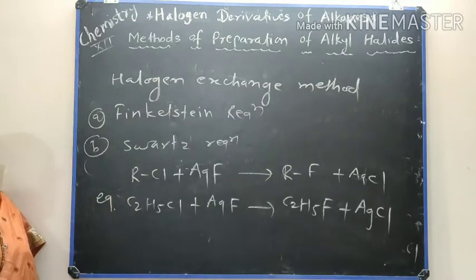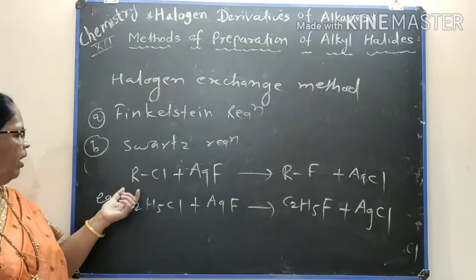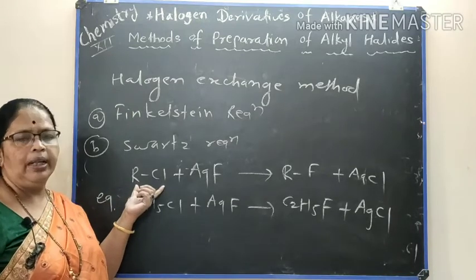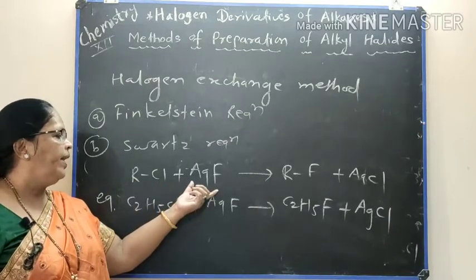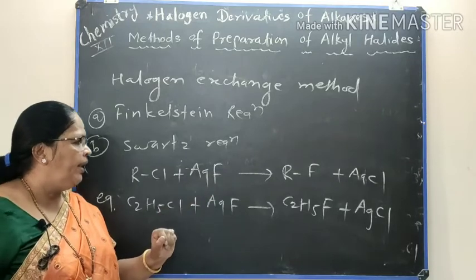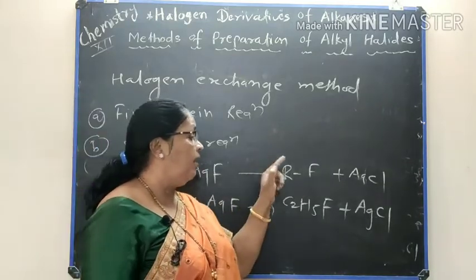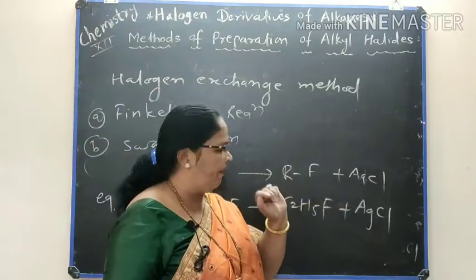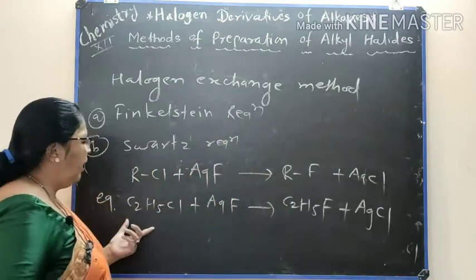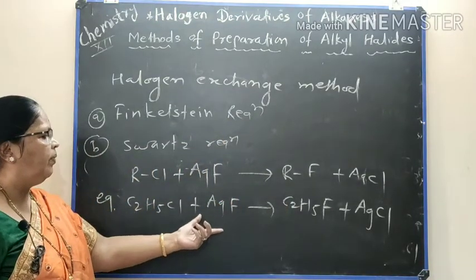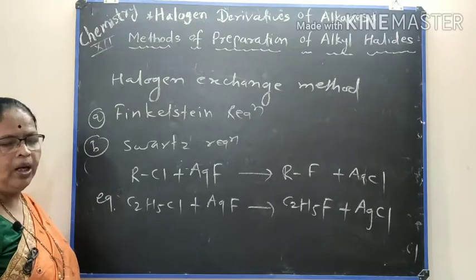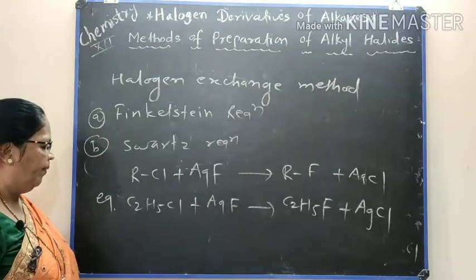What about the Schwarz reaction? In the Schwarz reaction, alkyl chlorides or alkyl bromides are treated with silver fluoride, and alkyl fluorides are formed with silver chloride. Ethyl chloride treated with silver fluoride gives ethyl fluoride with silver chloride.